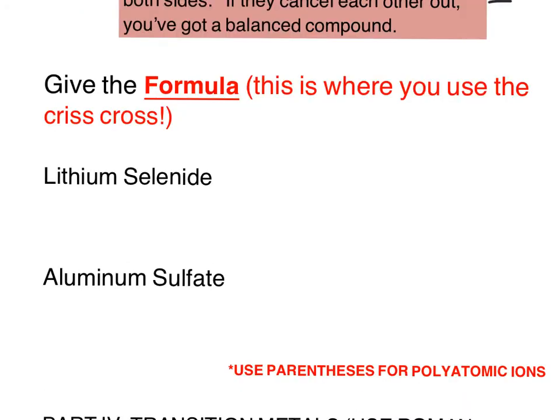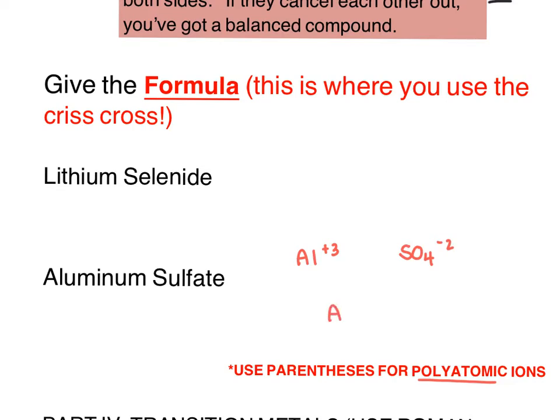So now I would like you to give the formula, and this is where I'm going to use that crisscross. I will do aluminum sulfate with you because we will be working with a polyatomic, and you will do lithium selenide on your own. So aluminum has a charge of +3. Sulfate I find for my polyatomic, and I get a -2.